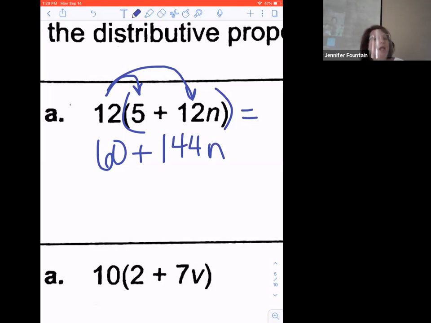Now, I have 60 plus 144n. These are unlike terms. These are not the same, so I can't do anything to combine them because 144 has a variable that it needs to multiply by if we knew what the variable is. Right now, we don't know what the variable is, so we can't do anything with it. So we would just leave it as 60 plus 144n. Okay? Let's look at the next one.